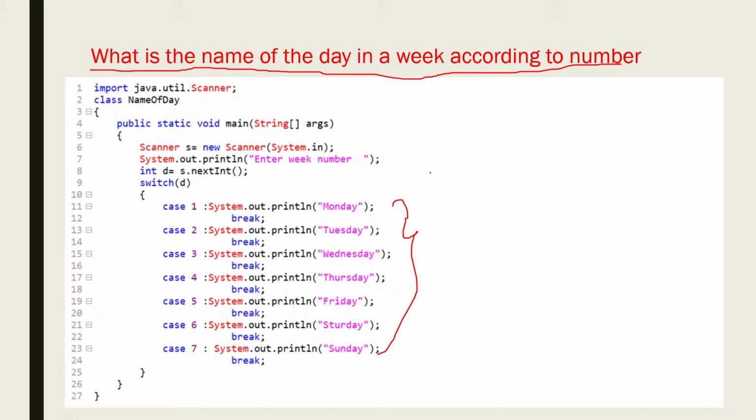Observe this program, guys. If the user enters 7, I should tell that it is Sunday. In a week, the seventh day is Sunday. If the user enters 1, the first day of the week is Monday. Like that, I need to display.